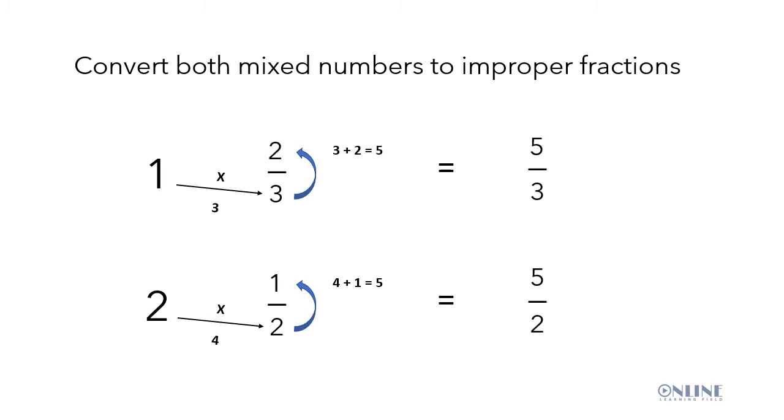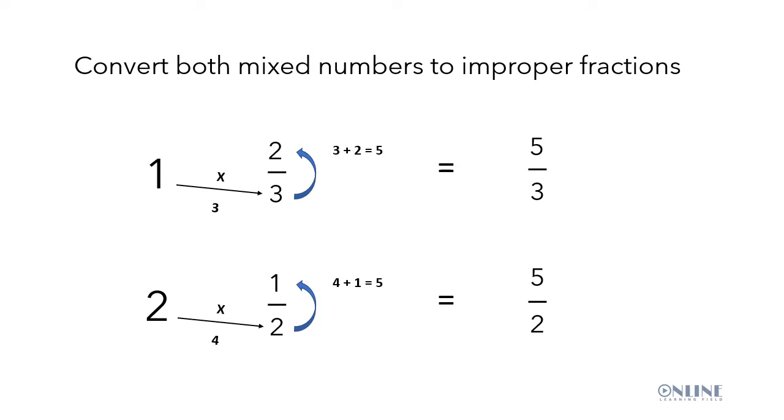The first thing to do is to convert both mixed numbers to improper fractions. Using the same conversion method we used in other examples, 1 2/3 becomes 5/3, while 2.5 becomes 5/2.